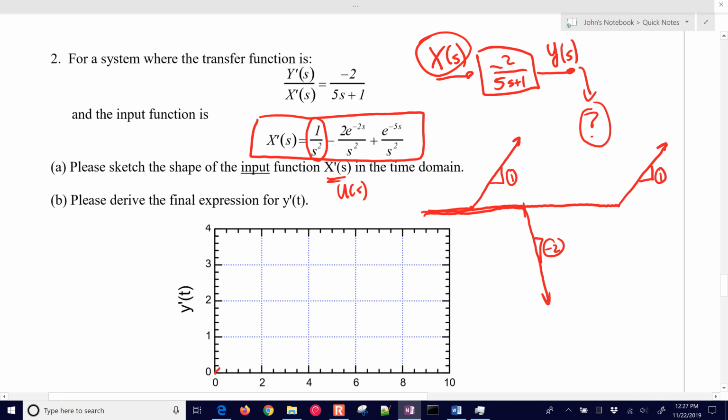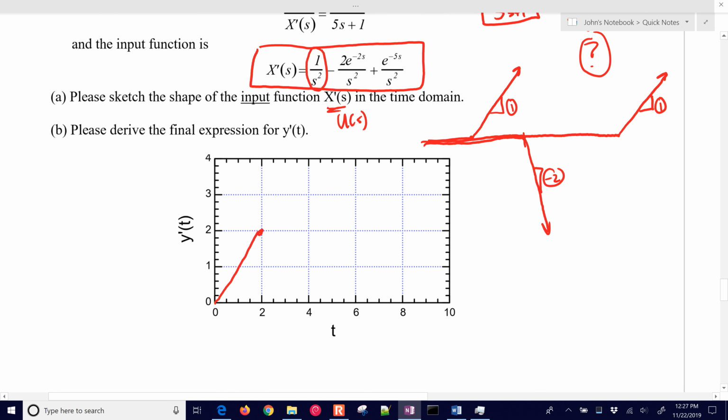I have a slope of 1. After 2 seconds I have something that starts with a slope of negative 2. It's going to cancel out the one that's continuing up, but it's twice what it was going up, so it's going to have a negative 1 slope going down.